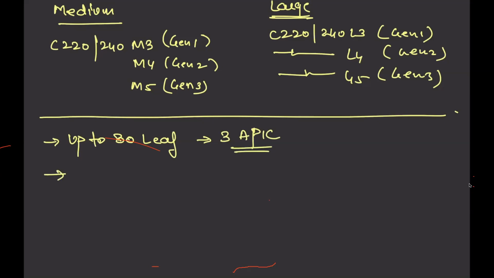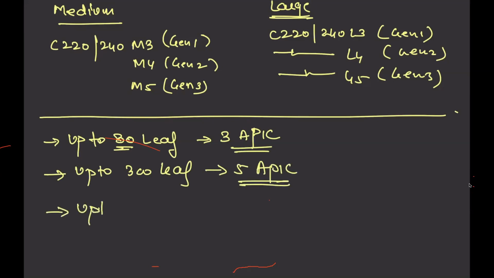But if you increase from 80 leaves, then up to 300 leaves, you need to install 5 Epics. And then if you go above the 300 limit, then you need to go with 7 Epics. Okay, and this limit will go further as well. Right now this is what is there, but the plan is up to 31 Epics.